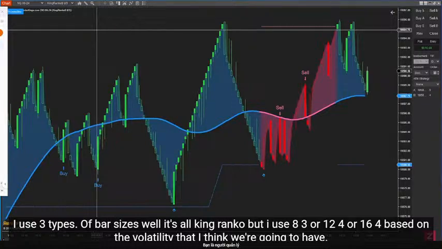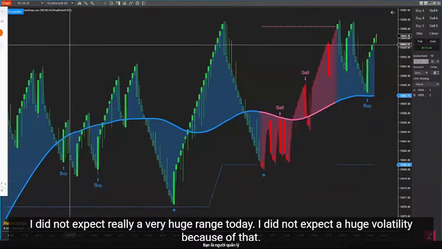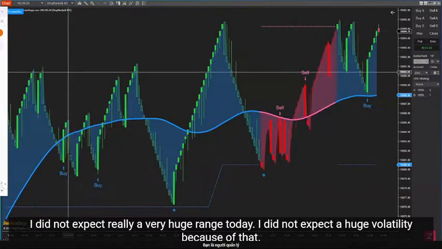Now, after a day like yesterday, right, with the huge move, very often markets go into a consolidation state, right? I did not expect really a very huge range today. I did not expect a huge volatility because of that. So I used a smaller bar type. The smaller the volatility, the smaller bar type I use.